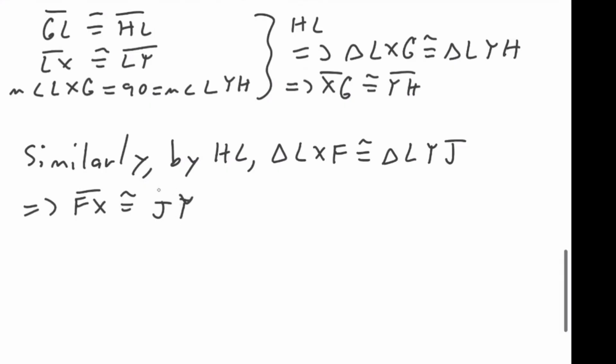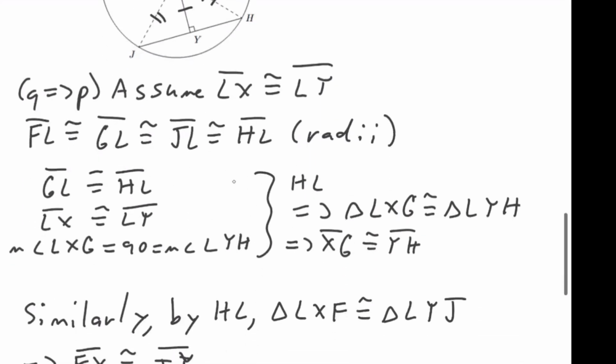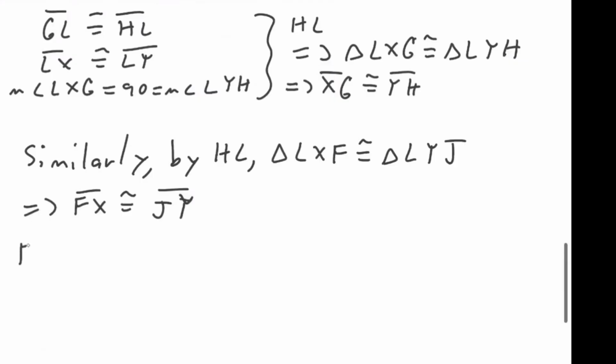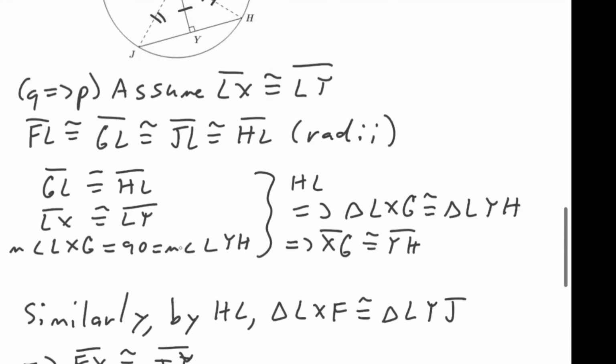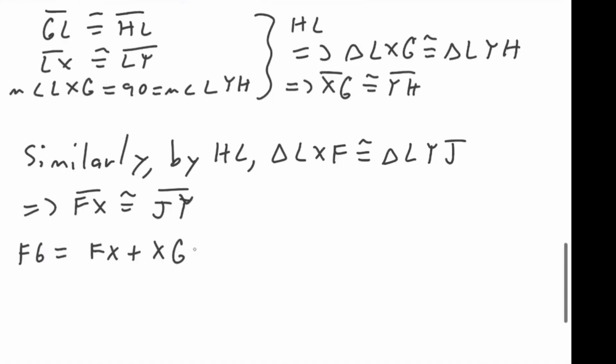All right, so remember, the whole objective is to assume LX is congruent to LY implies FG is congruent to JH. Well, we basically have that. FG is equal to FX plus XG. I know FX is the same as JY, and I know XG is the same as YH.